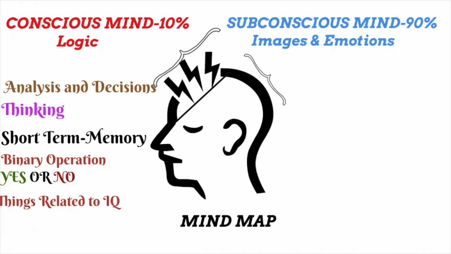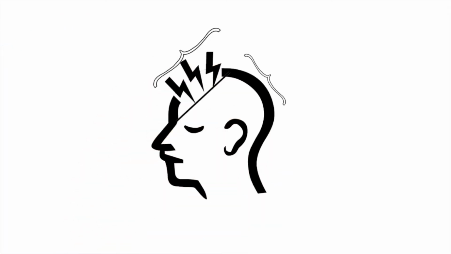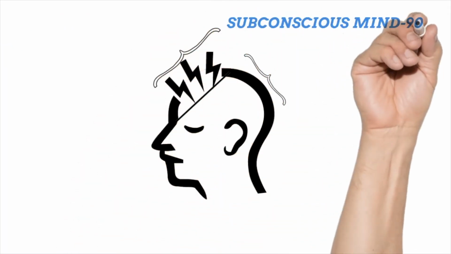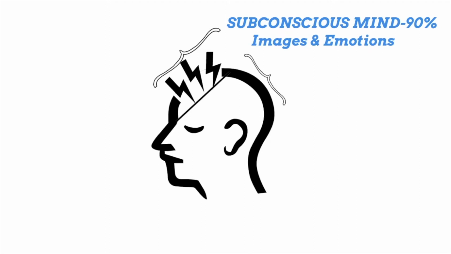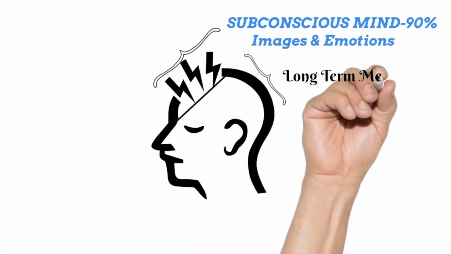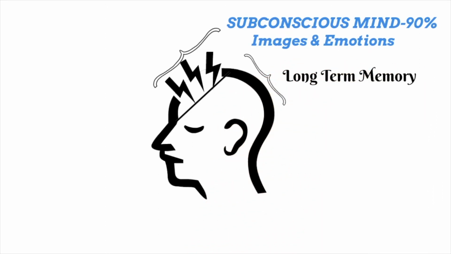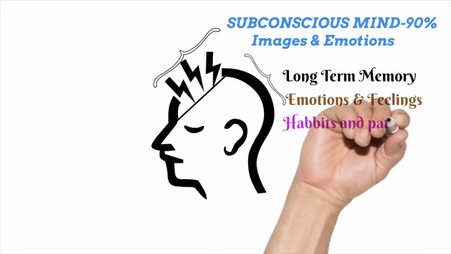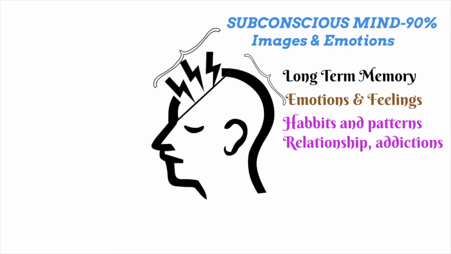As I said, if you go to the right side, you will see the subconscious mind is responsible for long-term memory, emotions, and all the habits which we acquire in our life. They are getting recorded in our subconscious mind. Relationships, addictions, everything gets into our subconscious mind because these are repeated actions.